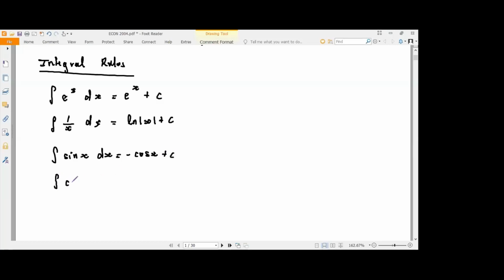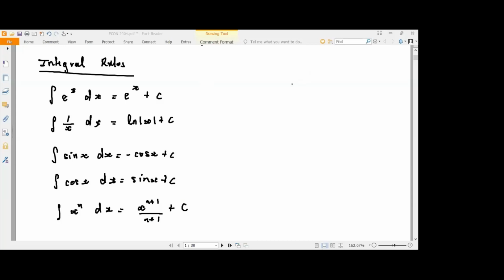The integral of cosine x dx is sine x plus c. And the integral of x to the n dx is x to the n plus 1 over n plus 1 plus c. These are the integral rules you're expected to know; the others you can derive.